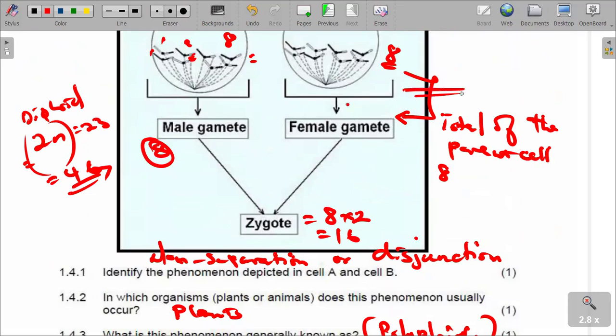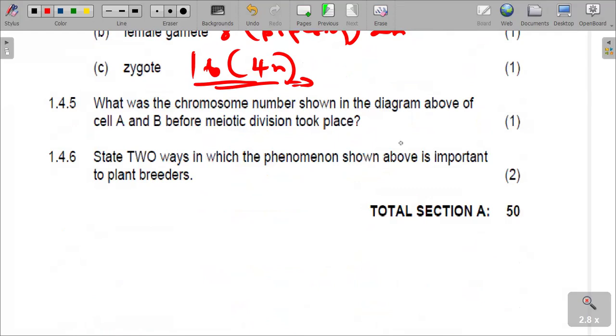This is the stage of meiotic division. Meiotic division was supposed to be shown here, but it went down as it is, where the first number was 80, and therefore the number before meiotic division in A and B was 80, which caused us to have 8 times 2.